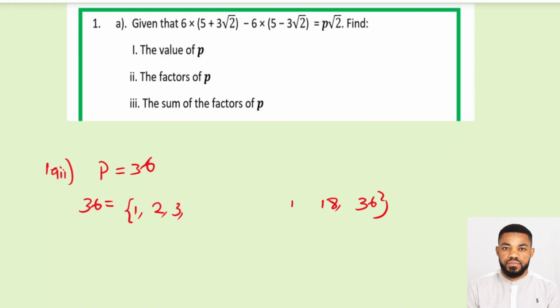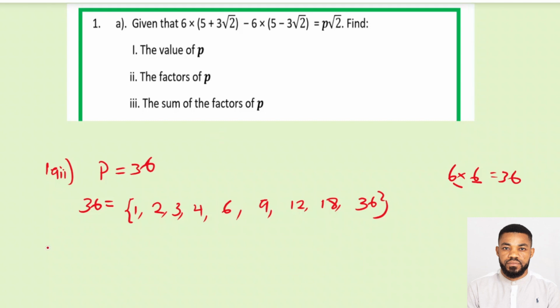That's going to be 12. What about 4? Yeah, 4 times 9, that also gives you 36. The next one, 6, and that's going to be 6 times 6. It will give you 36. But you see, 6 is repeating itself, so we just write one of them. So don't go and write 6 and another 6 here. No, just one of them. So these are the factors of 36.